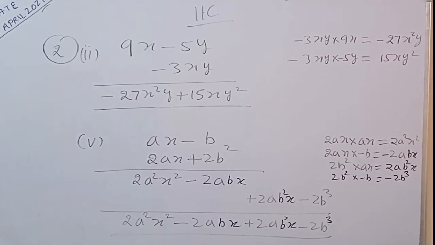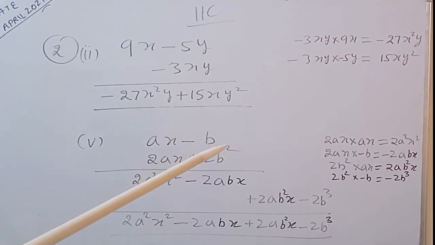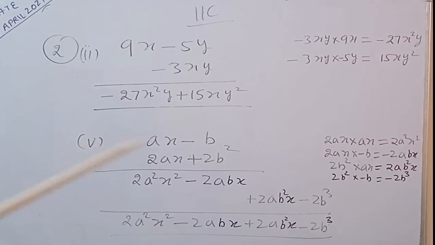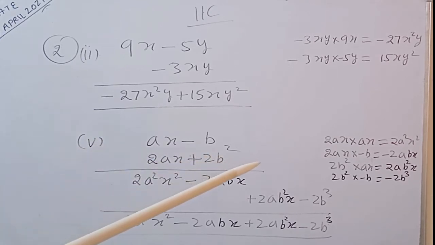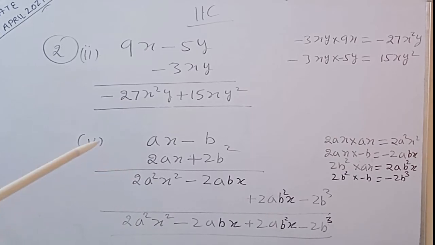second part. Now taking question number 5, ax minus b and 2ax plus 2b square will multiply together. How? 2x will multiply first to ax and minus b. I just multiply there. You can see 2x into ax will give 2a square x square. 2x to minus b will give minus 2abx. 2b square to ax will give 2ab square x, I have written here, and 2b square into minus b is minus 2b cube.